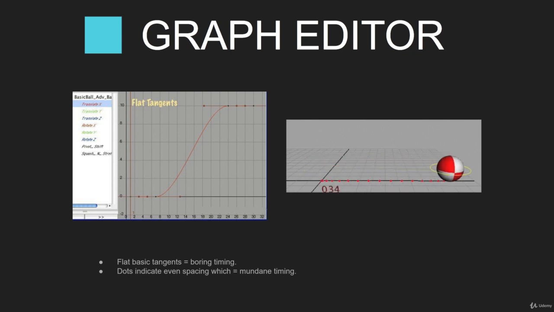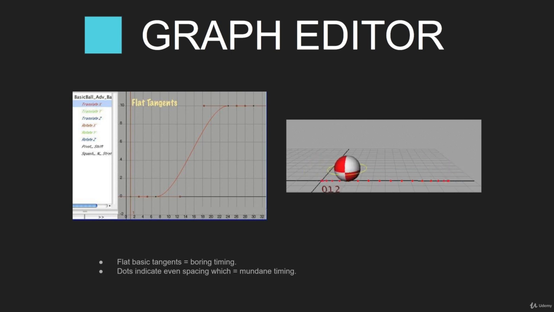So the curves essentially always reflect how the movement is going to take place when you see it inside of Maya. Depending on how your curves are shaped and how your tangents are looking, that's directly going to impact how your animation looks as it starts to move.